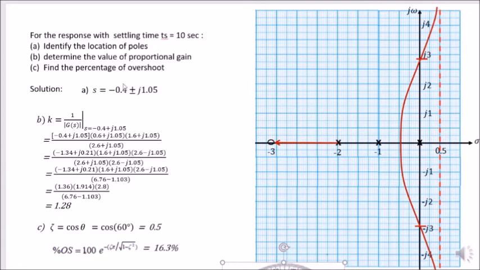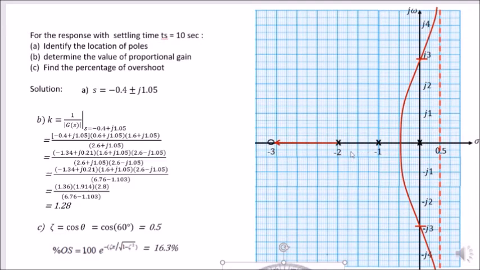To solve this problem, first we have to know the relationship between settling time and this root locus. If we know the location of the pole, we can identify the value of zeta omega n and also the value of omega d. As we know, the formula for Ts is Ts equal to 4 divided by zeta omega n.